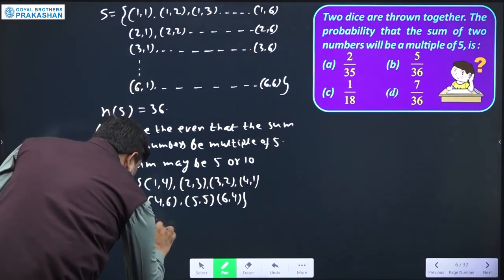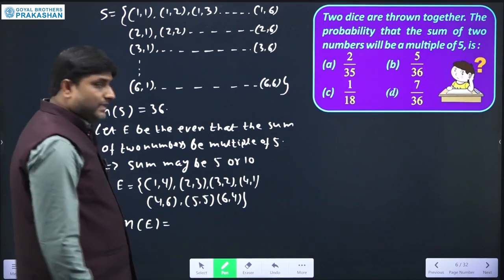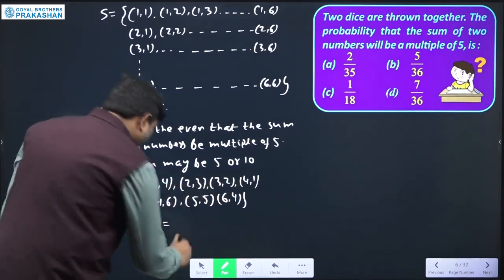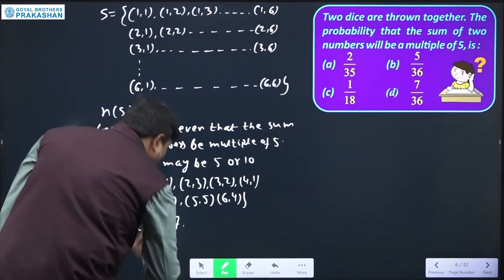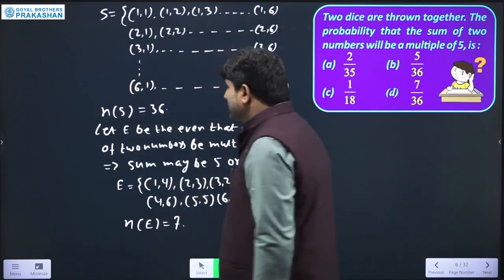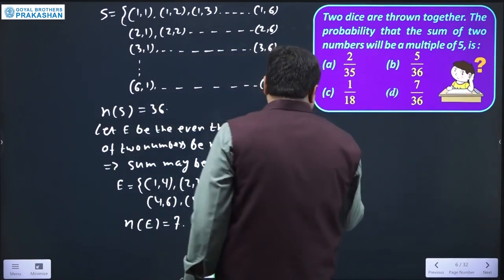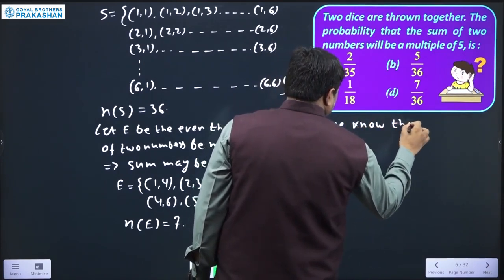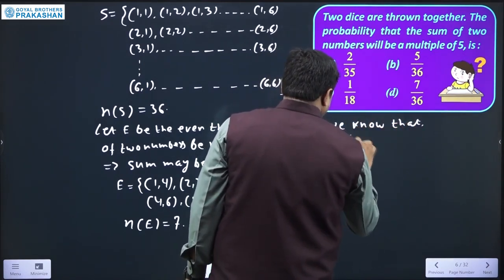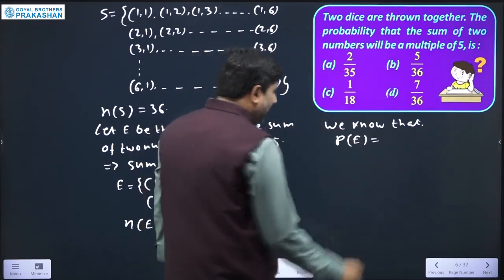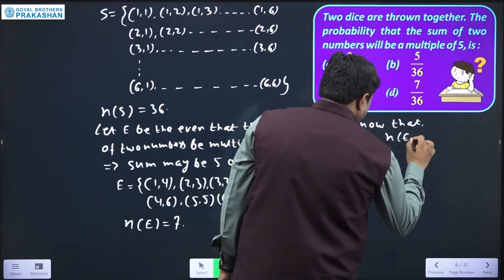So what is the value of n(E)? How many elements are there in this set E? 1, 2, 3, 4, 5, 6, 7. So our number of favorable outcomes is 7 and total possible outcomes is 36. Now we know that for any event E, P(E) is equal to n(E) upon n(S).